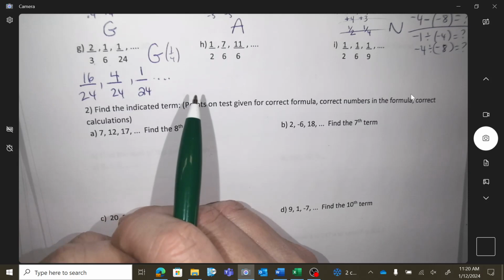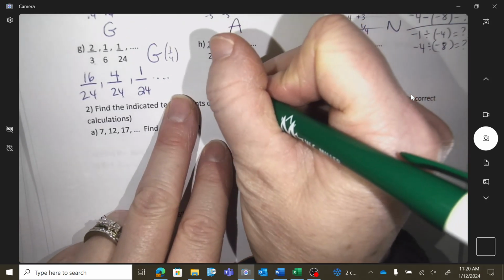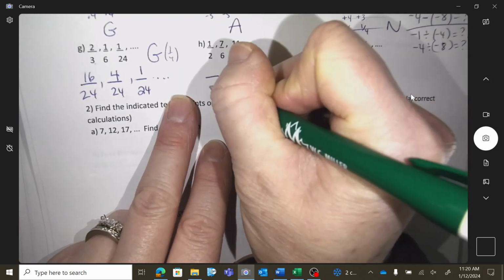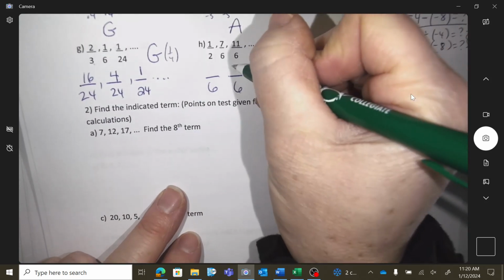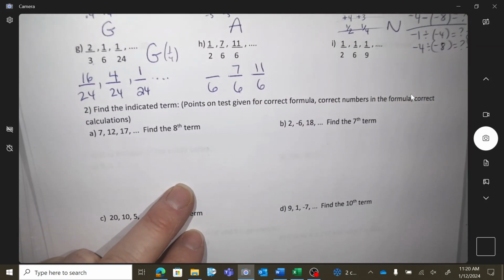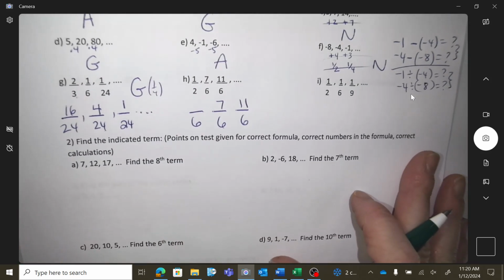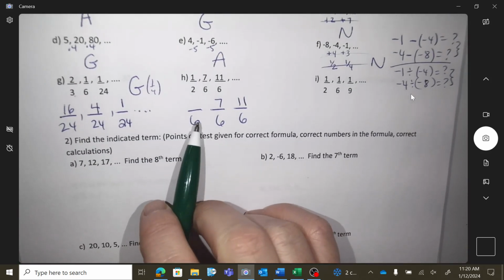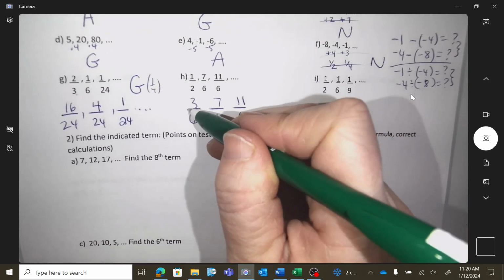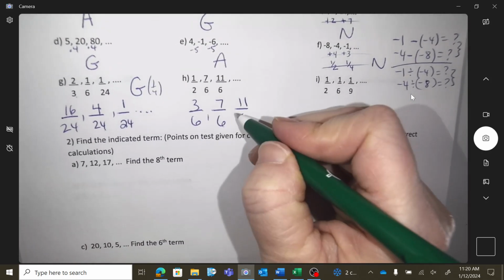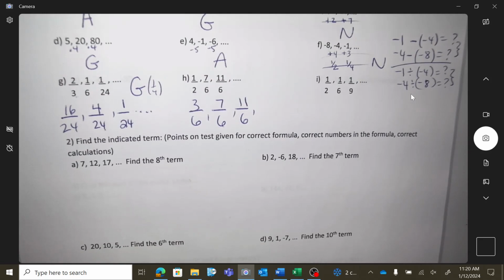That's a fraction. Okay. Let's use a 6 here. So if we put everything with a 6, could we find a pattern? So then this would be a 3. Would you be able to see a pattern out of that now?